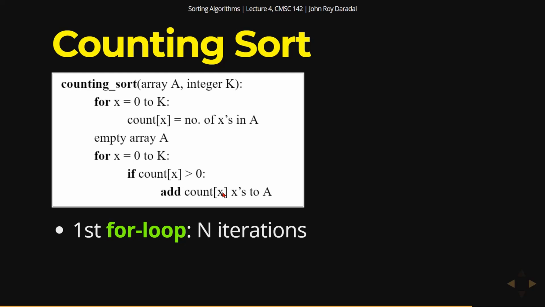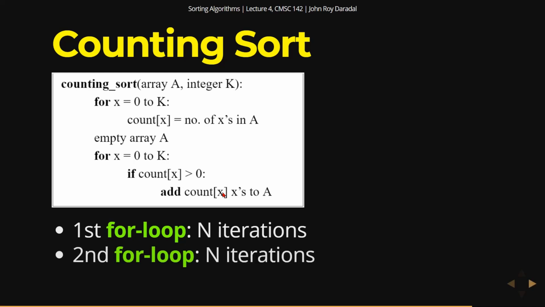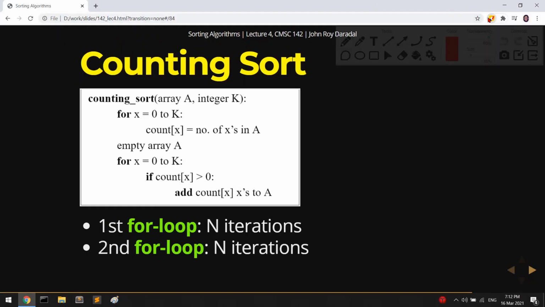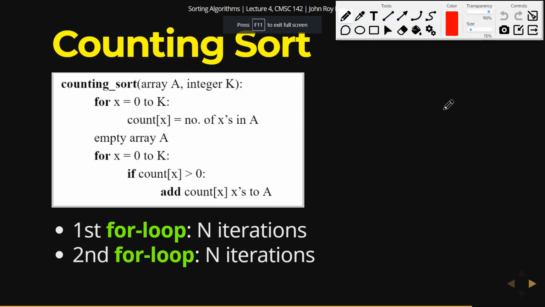I'll show you an example in a while, but basically for the analysis of this one, we'll notice that the first loop is O of n. Why is that? Because we're totaling the counts, right?